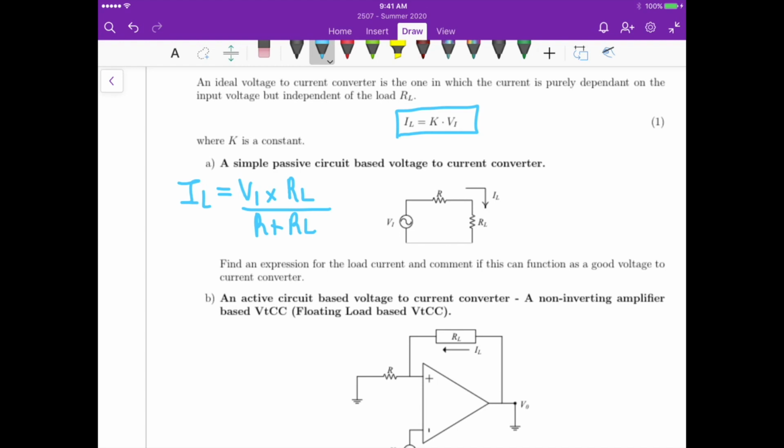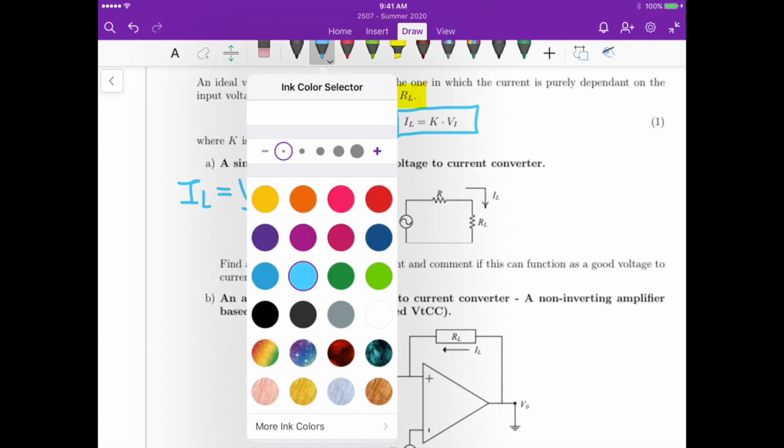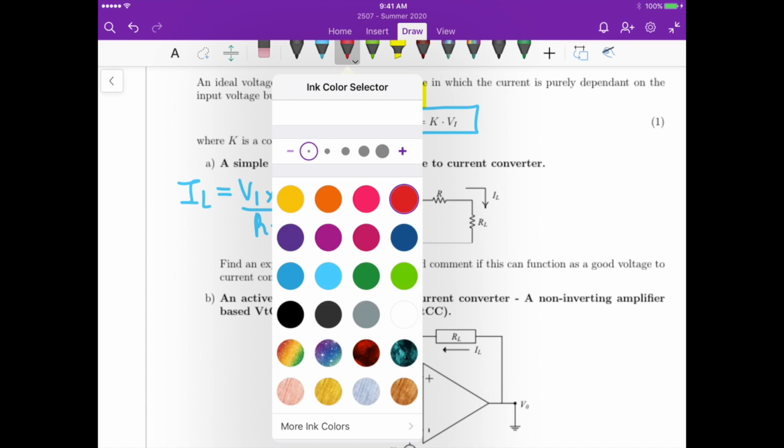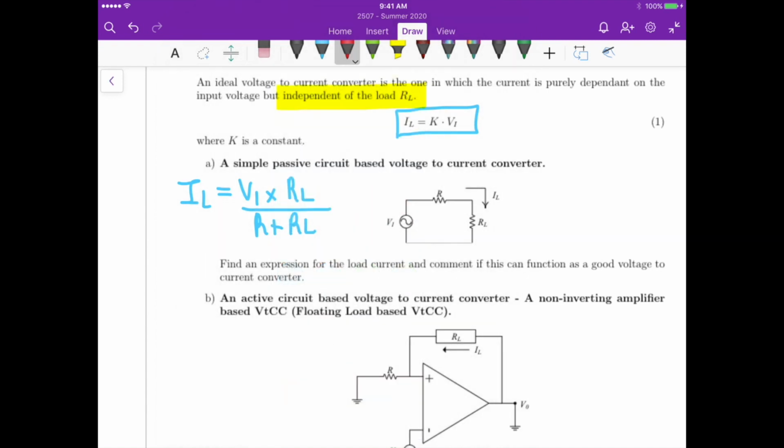Now, the thing here is that this voltage to current converter should be, as you see here, independent of the load resistance RL. If we analyze this equation that we just got, the term K should be constant, right?